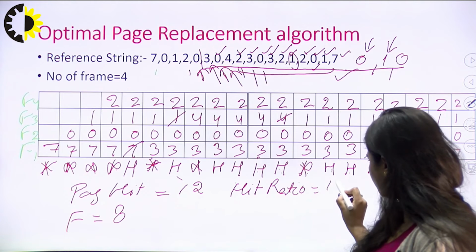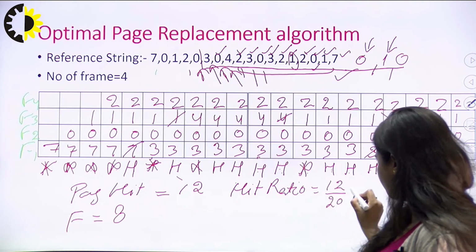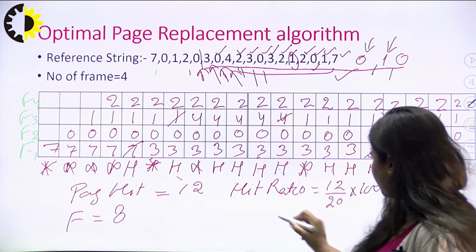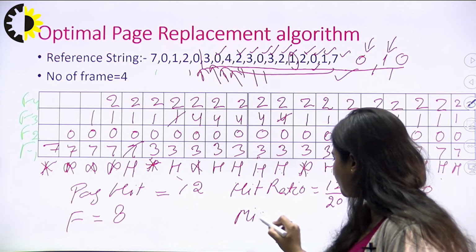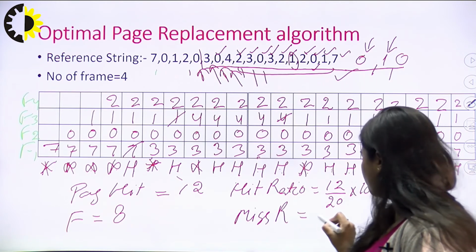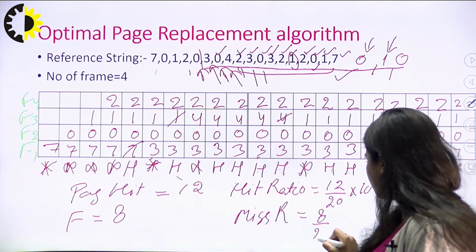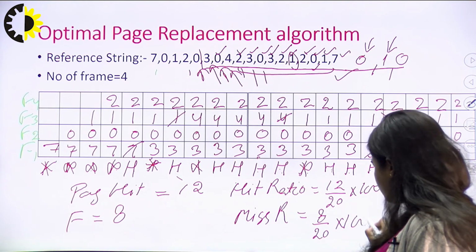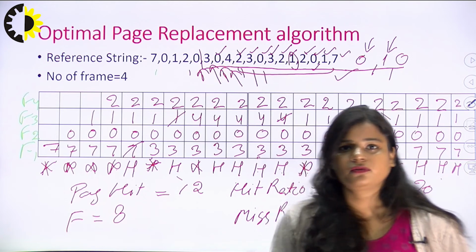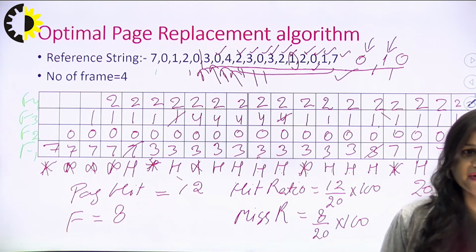It would be 12 divided by 20 multiplied by 100, and miss ratio or page fault ratio would be 8 divided by 20 multiplied by 100. Please solve it, and you will find the hit ratio and miss ratio.